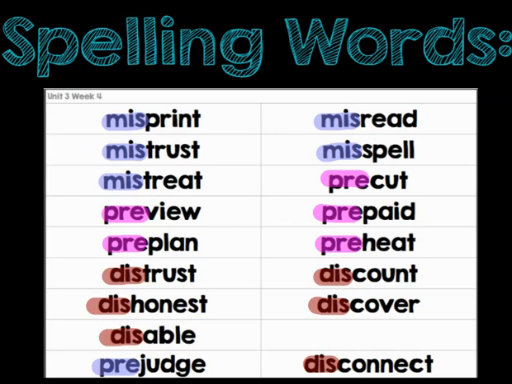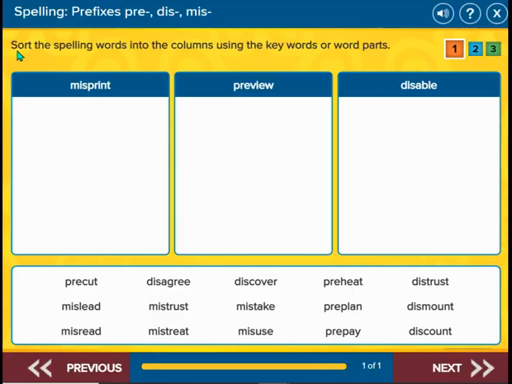Now let's hop on over to Wonders to check out one of the games that we have this week. For this game, you have to sort the spelling words into the columns using the keywords or word parts. For the first column, we have the word misprint. So any word with the prefix mis will go into this group.